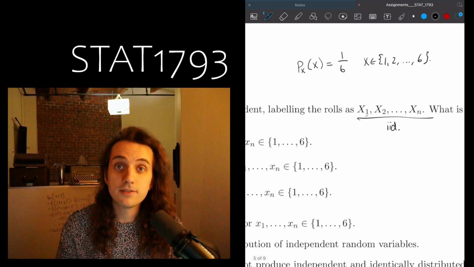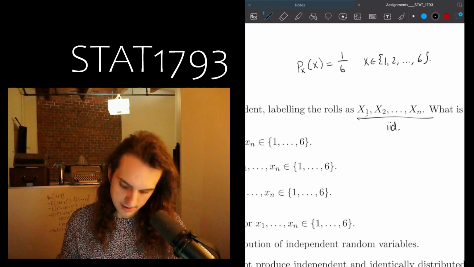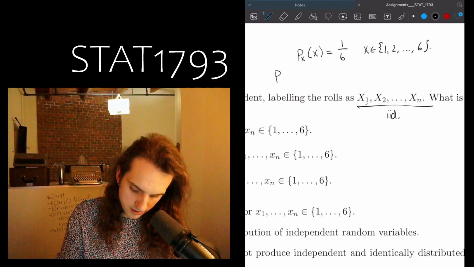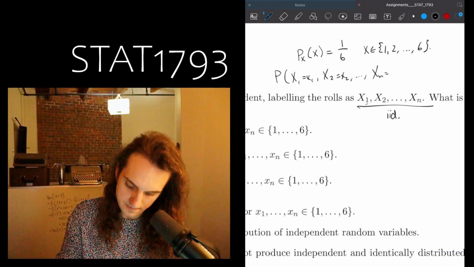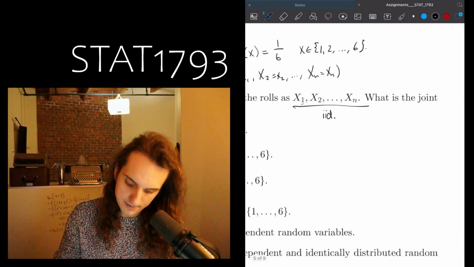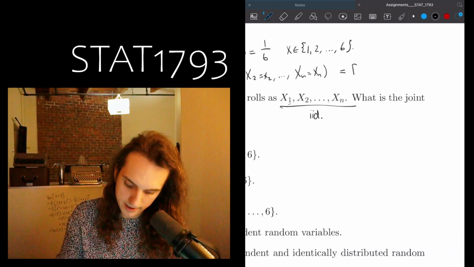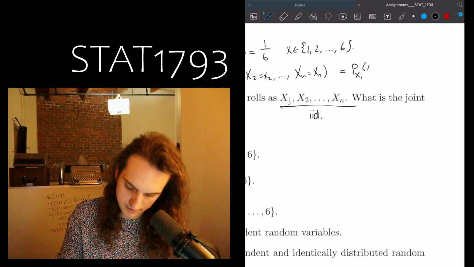Now, whenever you have independent and identically distributed random variables, then what we're looking for is their joint probability, right? If x1 is equal to little x1 and x2 is little x2 and so forth up to xn. Because of the independence, we can write that as the product of all of their little probability mass functions here, right?